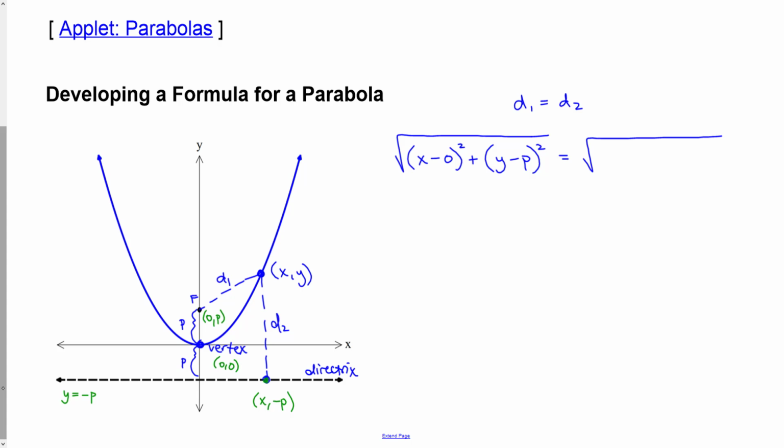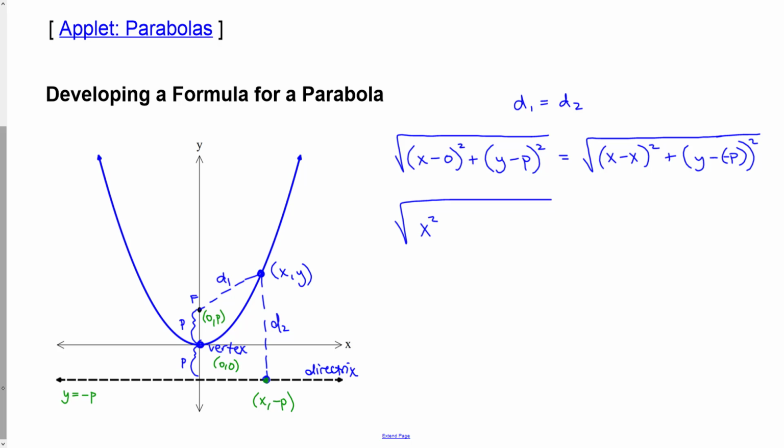d2 is the distance from xy down to that point on the directrix. So it's going to be the square root of x minus x quantity squared plus y minus negative p quantity squared. And I have some things that I can work with and reduce. Let's see what happens. So in the next line, what I can do is first note that x minus 0 squared is just x squared.